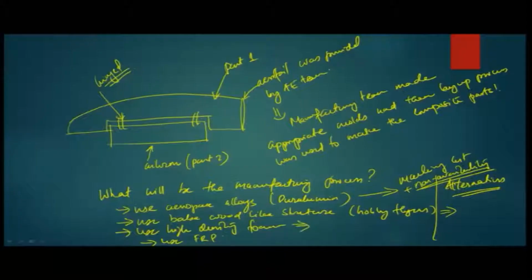If you fly it in water and other stuff, this will create a problem. The third one was high density foam. Obviously, this is a cheap and quick manufacturing option, but not the sturdiest of the options. It is good for patterns, but not very good for the final product.